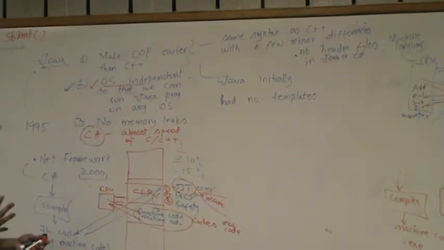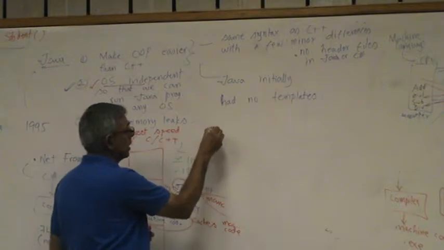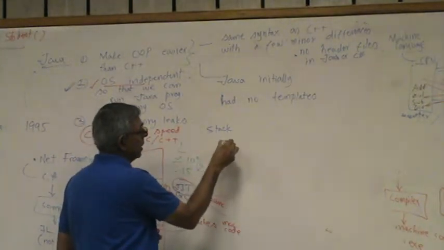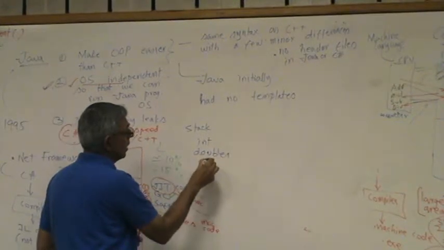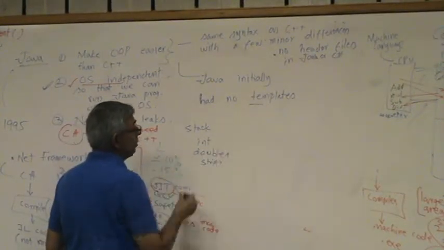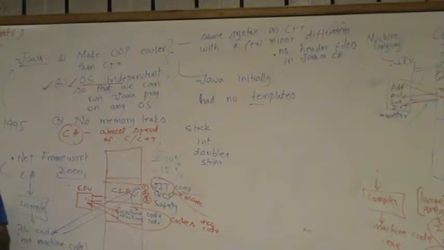For example, if you wanted to create a stack class, you can create a stack of integers, doubles, strings, and so on, right? So just by creating one template class, you can easily switch the data type. When Java was created, they thought, oh, templates are a little bit complicated, so let's eliminate those.